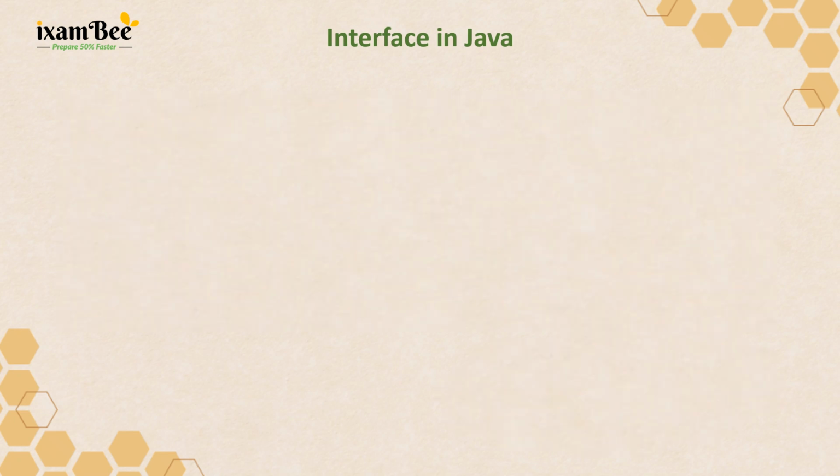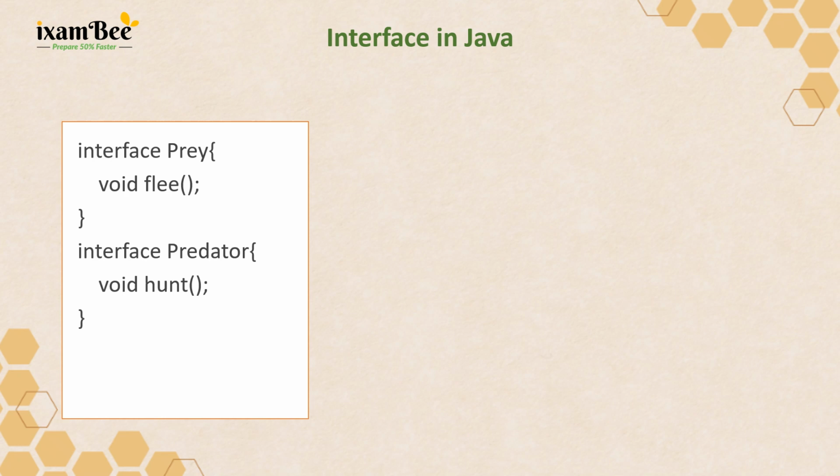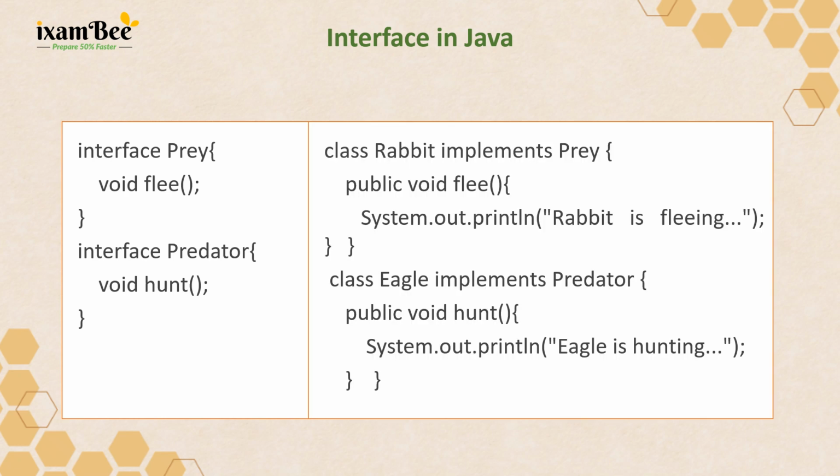Let us now see how interfaces are implemented in Java. Here we have an interface called prey and an interface called predator. You must note that it has methods without bodies. We are creating a class called rabbit that implements prey. Since it is implementing prey, we need to give body to the flee method.